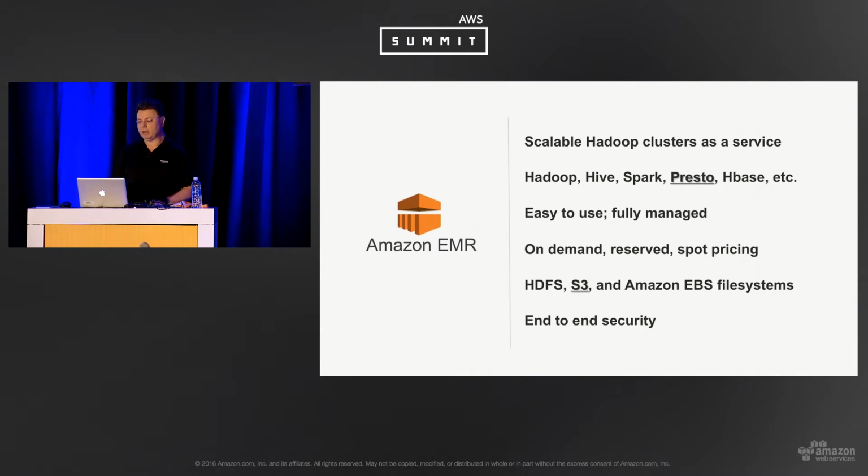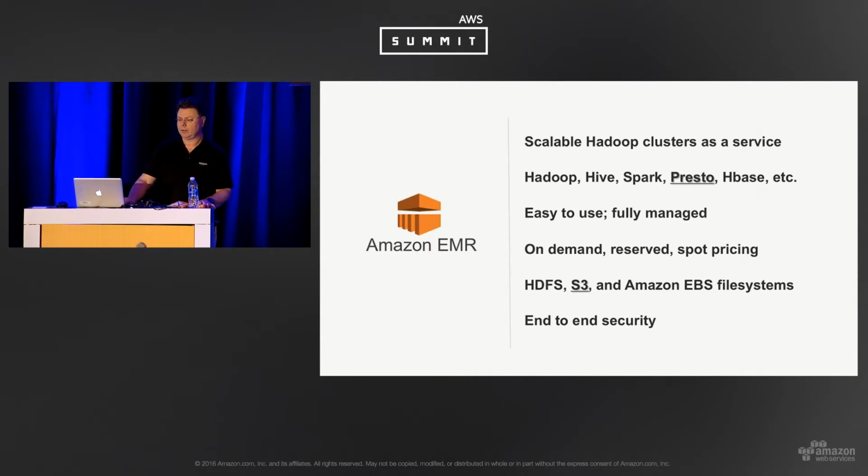All right, let's talk about EMR. EMR is AWS's Hadoop as a service. It gives you scalable Hadoop clusters that you can scale in a variety of ways. You can pick different EC2 family types. You can have memory optimized for things like Spark and Presto as well. If you have a lot of number crunching, statistical calculations, machine learning, those kinds of things, you can use a CPU optimized EC2.